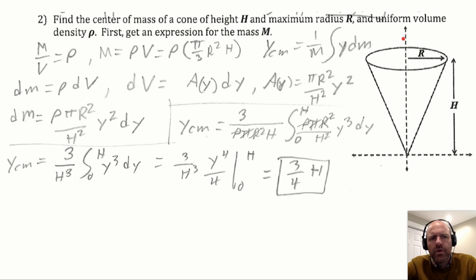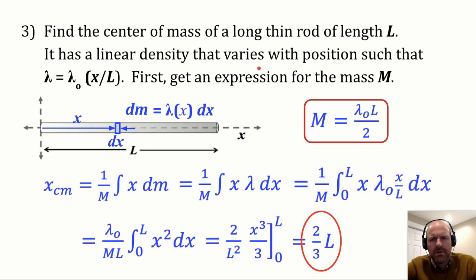All right, so continuing on then, if you want to look at something like a rod, which seems pretty simple, but what if the rod does not have a uniform density? What if instead of just being lambda, some mass over length, it actually gets denser as you move along it?